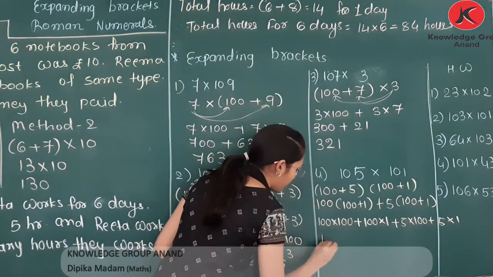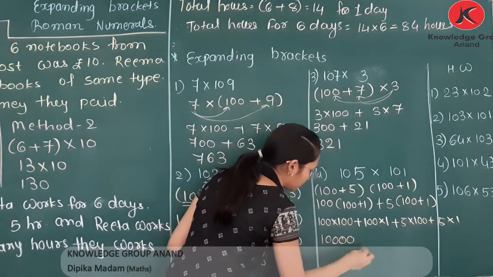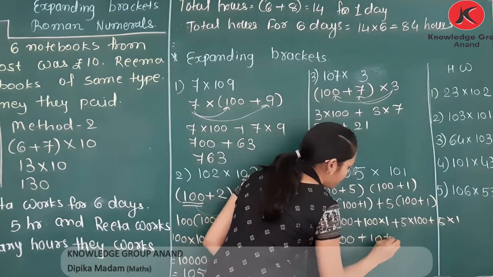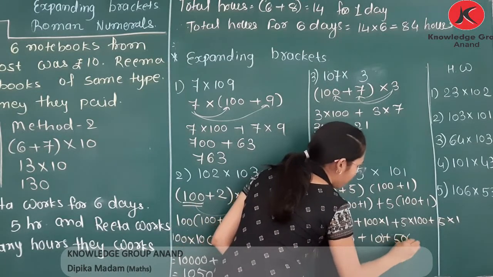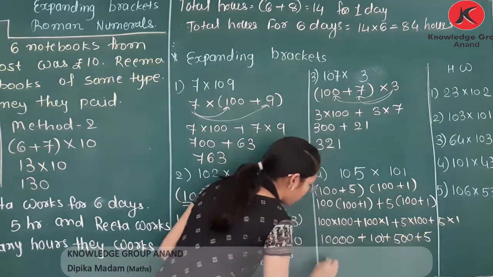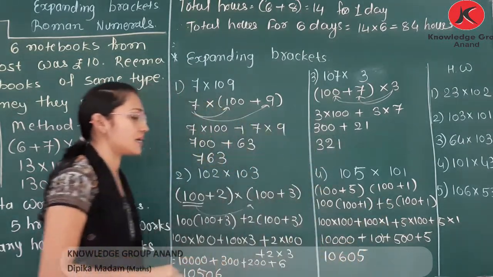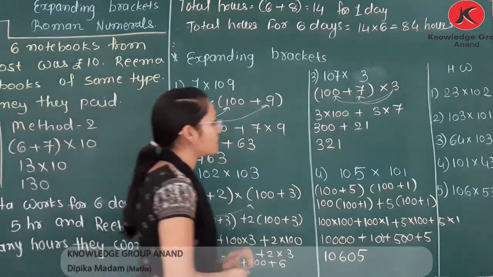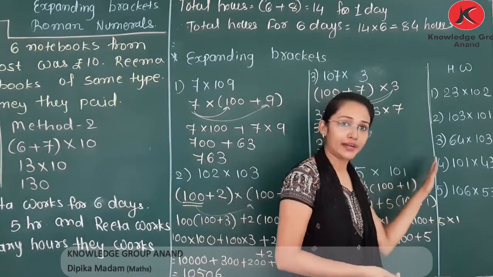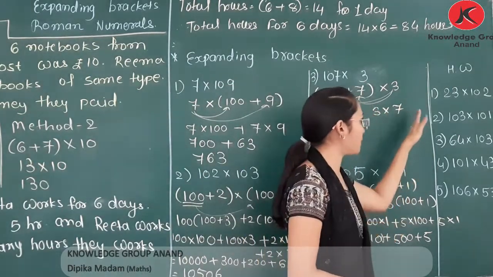Now 100 into 100 is 10,000 plus 100 plus 500 plus 5. So you will get 10,605.